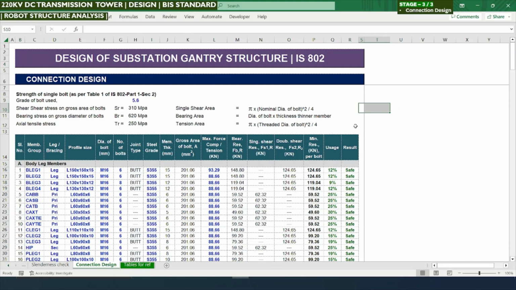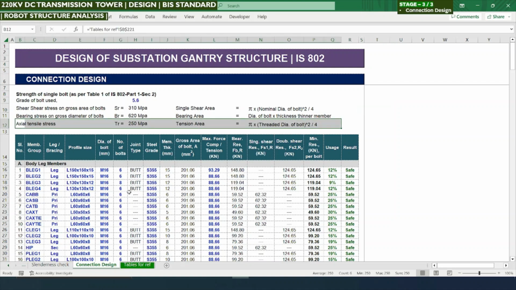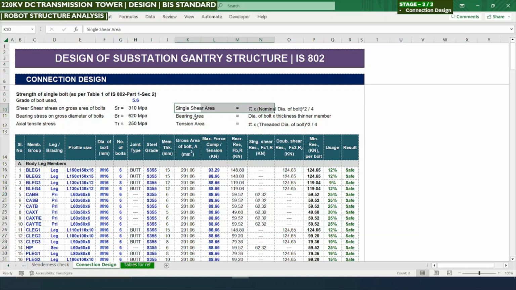In the other direction, the bolts will be subject to compression, in order to make equilibrium with the resultant moment. So only for the moment connection do we need to check the tensile stresses. For our transmission line tower, we need to consider only the bearing stress and the shear stress.